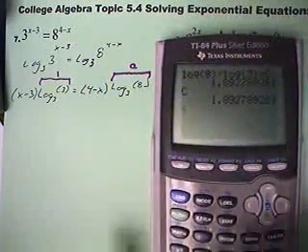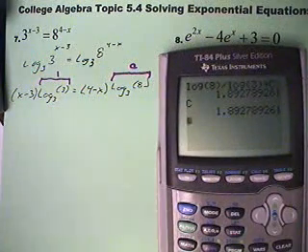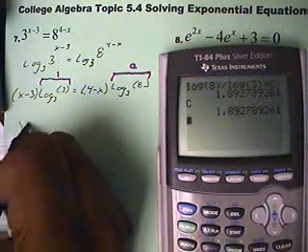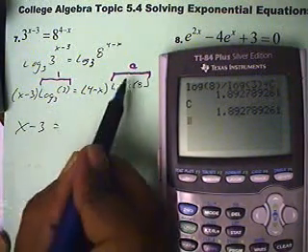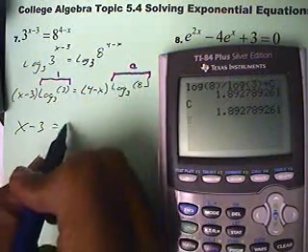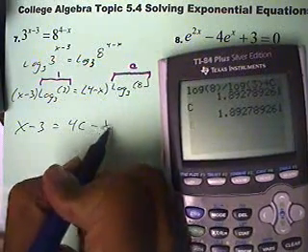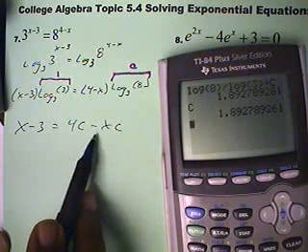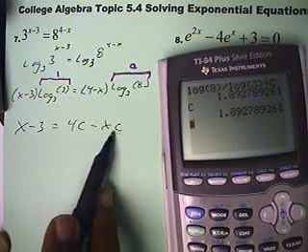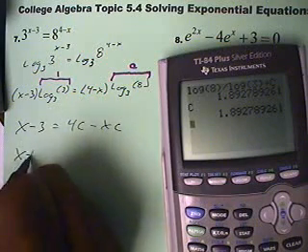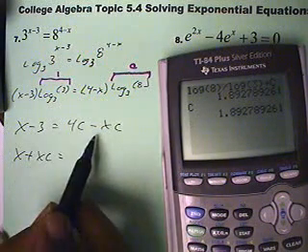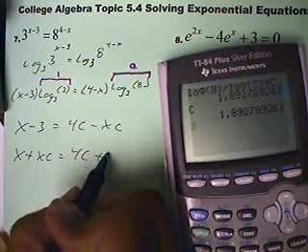Alright, now let's finish this out. When I distribute my 1, this becomes x minus 3. When I distribute this constant C, this becomes 4c minus xc. Now we'll put the x's on the same side. This negative xc will go to the left side as a positive xc. And this negative 3 will go to the right side as a positive 3.